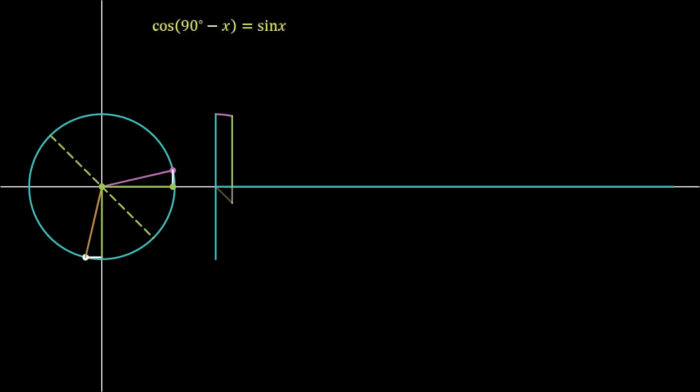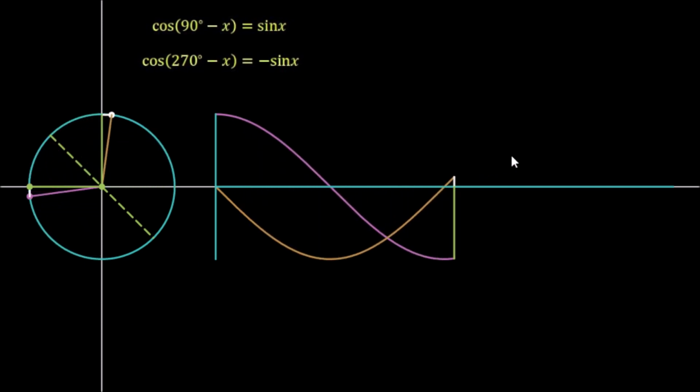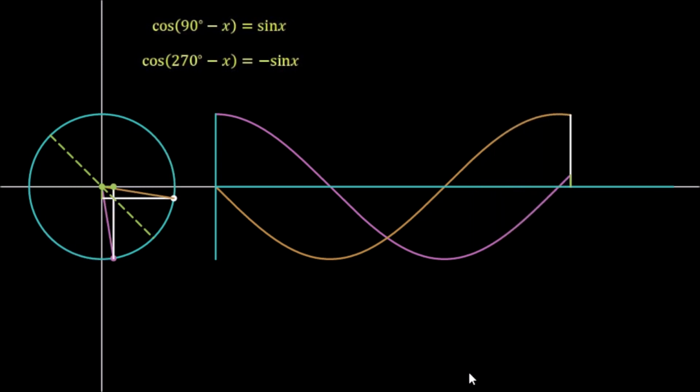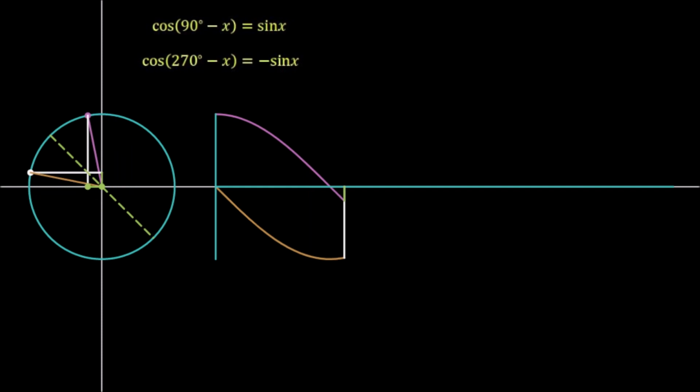Now, whenever we look at 270 minus x, we're going to have this new identity: cos of 270 degrees minus x is equal to minus sine x. And you can see the minus sine x function being generated here. So that's our second identity. Let's look at the next three.